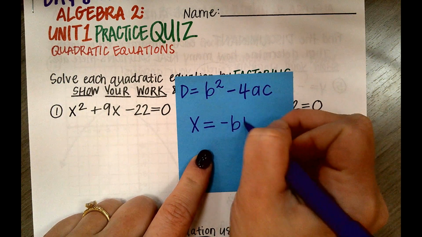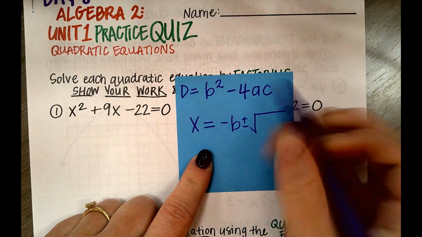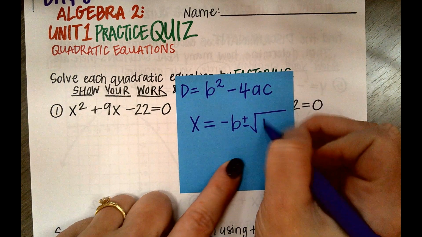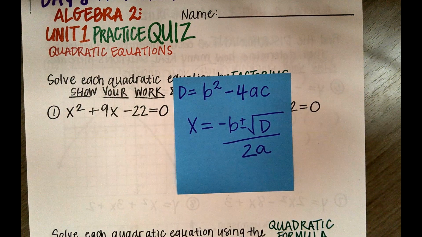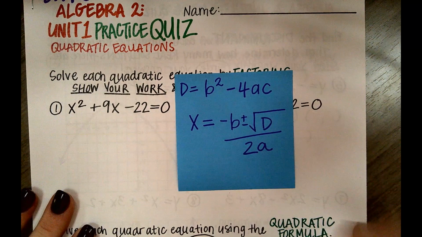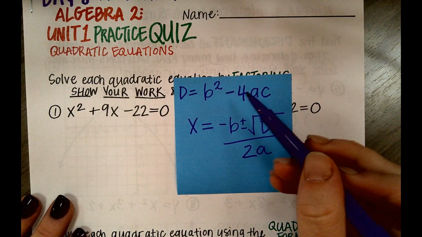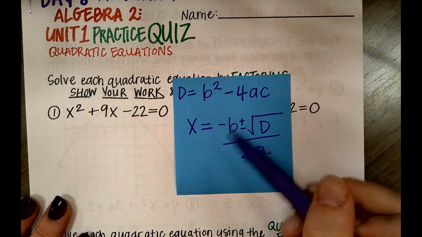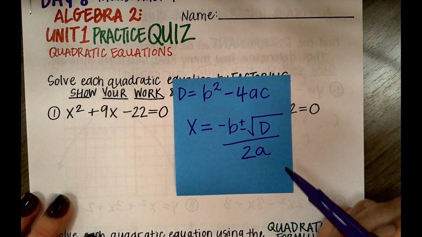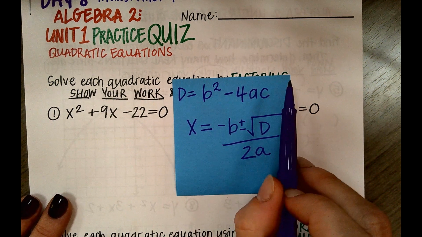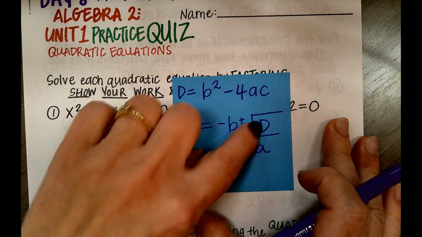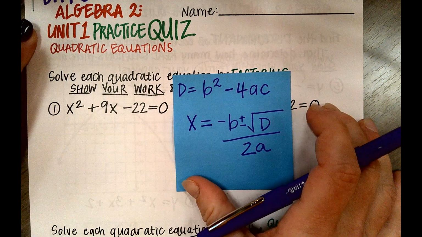Negative b plus or minus the square root of b squared minus 4ac all over 2a. Yay! Okay, so we have that. And you could do it all at once, but I have found it is much less likely that you will make mistakes if you just find the discriminant first, the way we've been doing. So that's why I put D instead of the other.